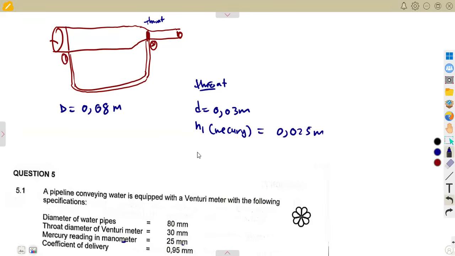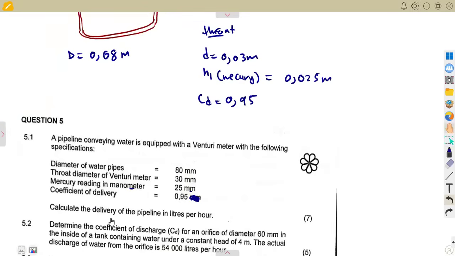The coefficient of delivery, we also have the coefficient of delivery, which is 0.95. The coefficient of delivery does not have units. You're not supposed to write millimeters. It's just 0.95. All right, so this is what we have. And the question needs us to calculate the delivery of the pipeline in liters per hour.